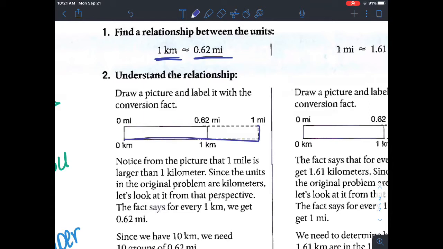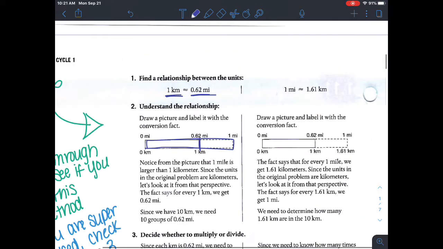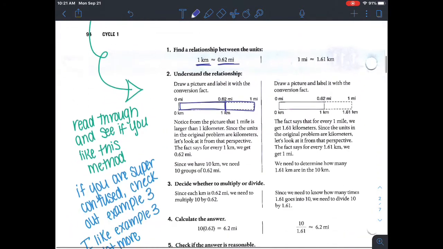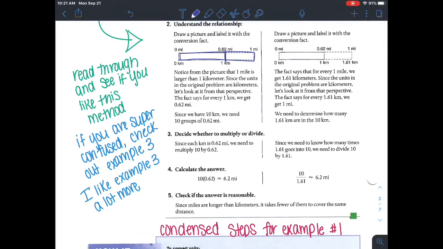So this whole box is 1 mile, and a kilometer is just one little part of the mile. It's 0.62 miles. So you can draw a picture to decide whether to divide or multiply. Are you going bigger or are you going smaller?